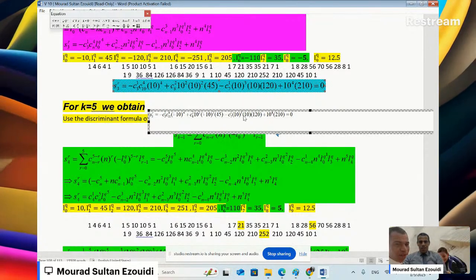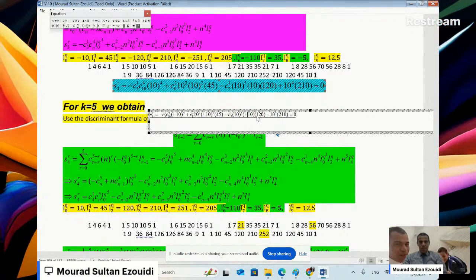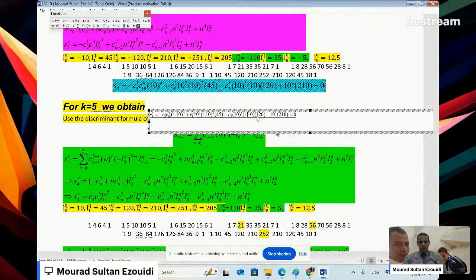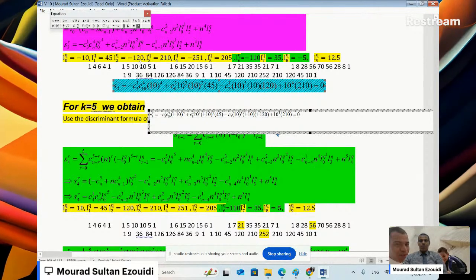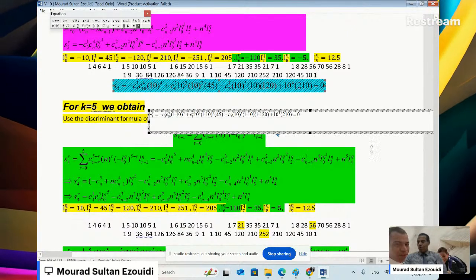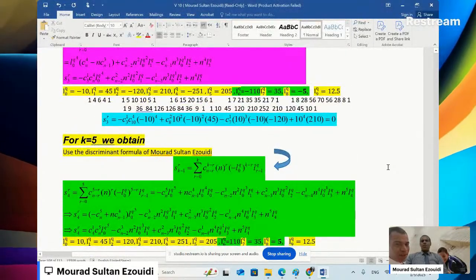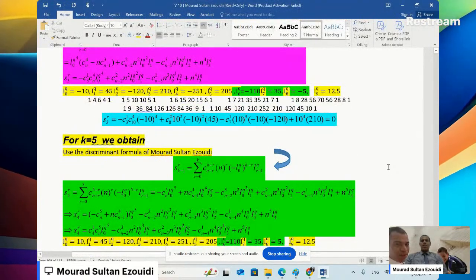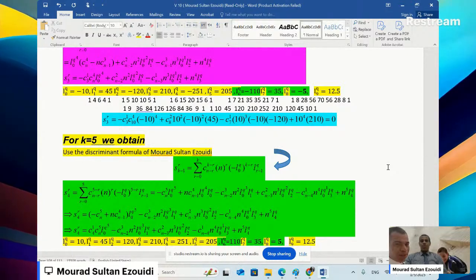This is also negative 10, and this is negative 120 simply because L2 is negative 120, and L3 is the same, 220. Use a calculator and you'll figure out the coefficient of S3 in my new Newton equation.